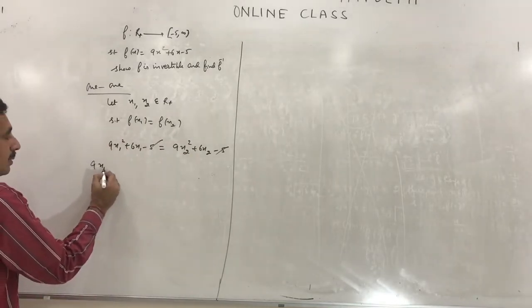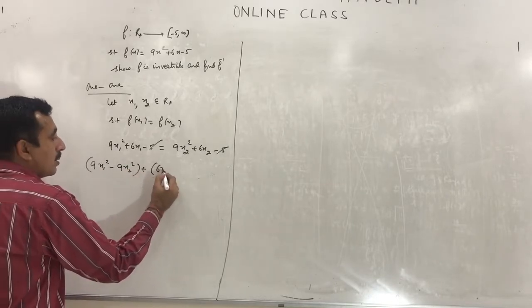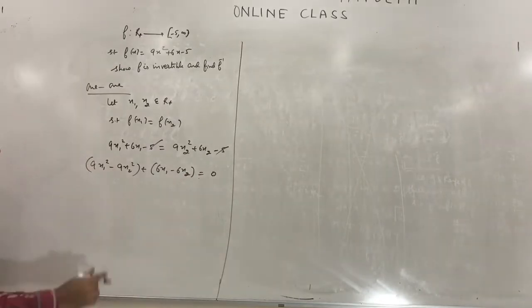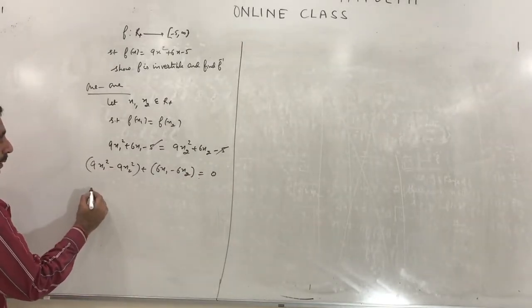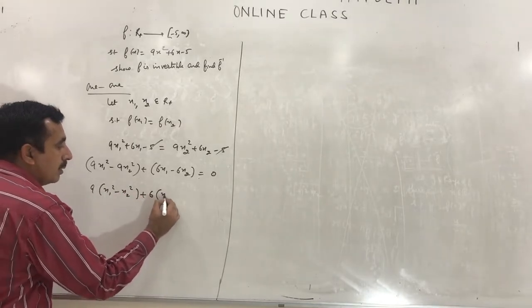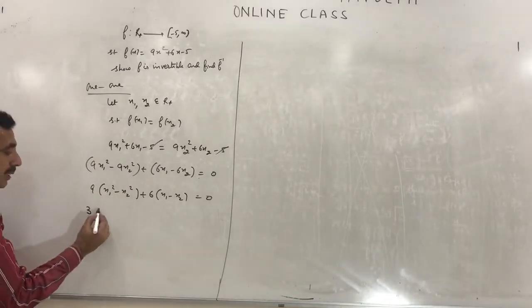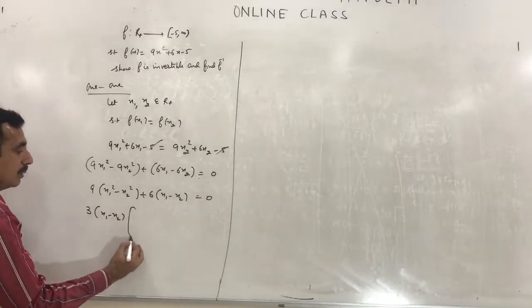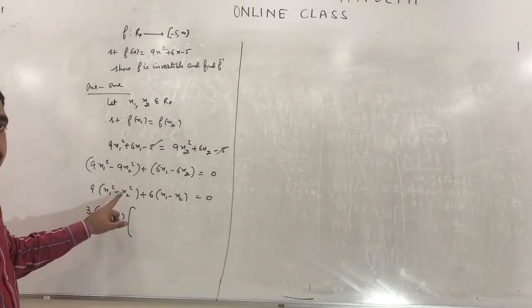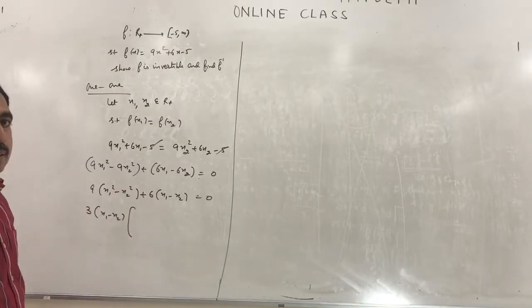So 9x1² - 9x2² + 6x1 - 6x2 = 0. From this you can take 9 common, and 6 common. From these two you can take 3 times (x1 - x2) common, because it has factor x1² - x2², that is (x1 - x2)(x1 + x2).